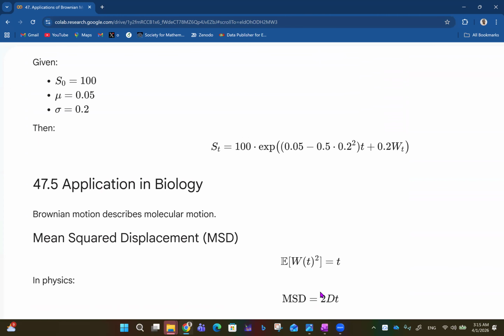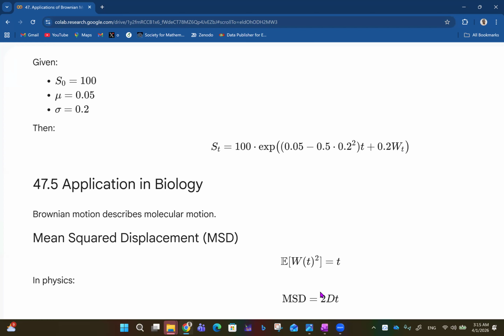By the way, the whole idea of Brownian motion came up when Robert Brown was observing how pollen grains were moving inside water.